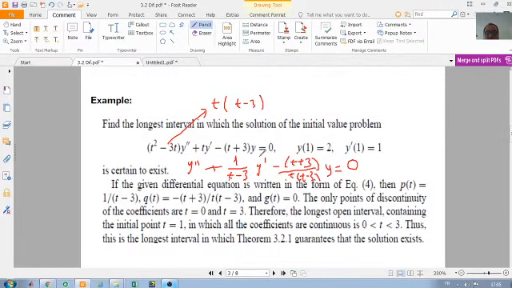So here we find that p of t, the coefficient of y prime, is equal to 1 over t minus 3.